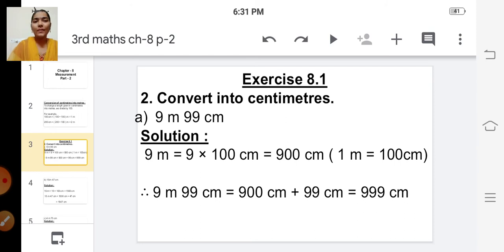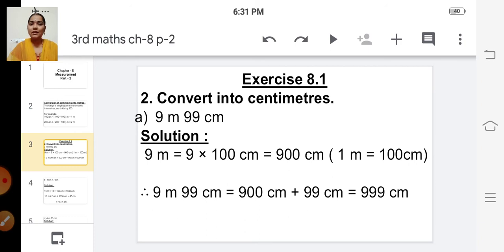Okay, children. So the second problem we shall do now. Second one, convert into centimeters. First one, A, 9 meter 99 centimeter.